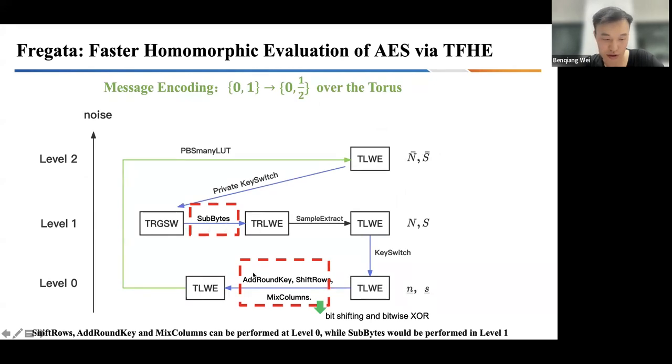And for AddRoundKey, ShiftRows, and MixColumns, we can give almost free evaluation at level 0. Here, different levels means that we use different encryption parameters to tolerate noise.